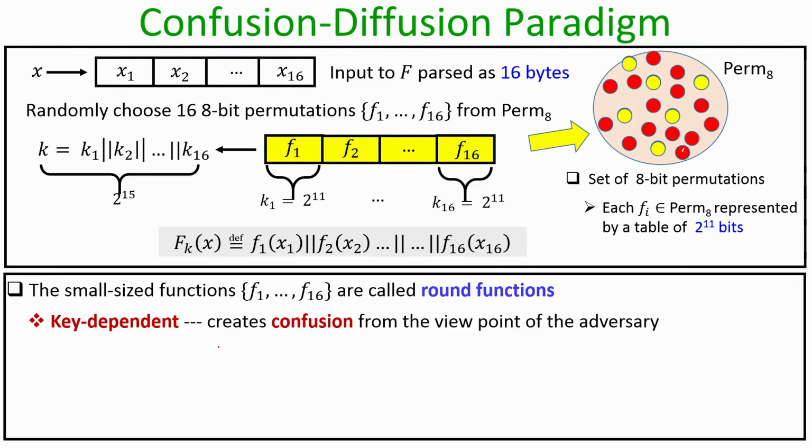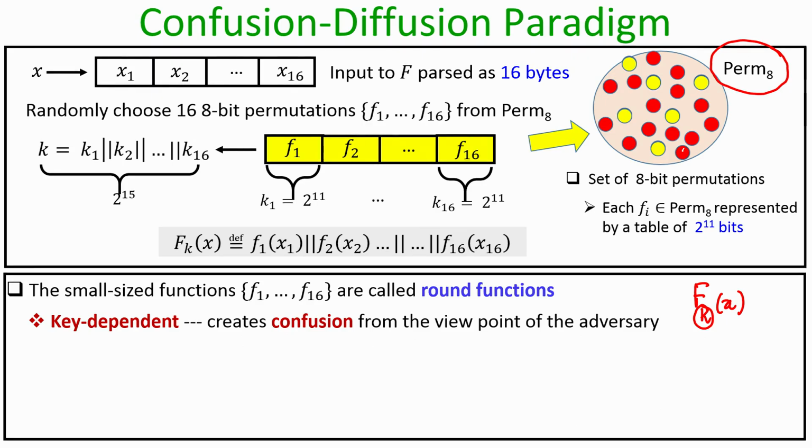So, that creates a confusion from the viewpoint of an adversary, in the sense that if an adversary wants to compute the value of F_k of x, but is not aware of the value of k, then the adversary does not know what exactly are the 16 round functions I am going to use. From the viewpoint of the adversary, it could be any 16 functions from this collection of all permutations mapping 8-bit strings to 8-bit strings, and the size of this collection is enormously large.